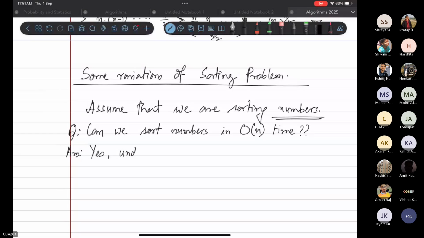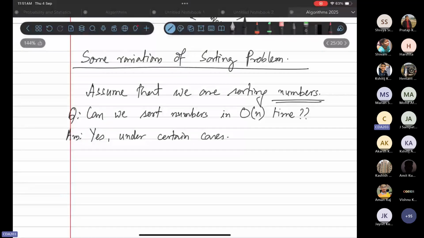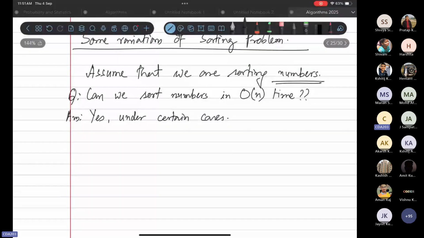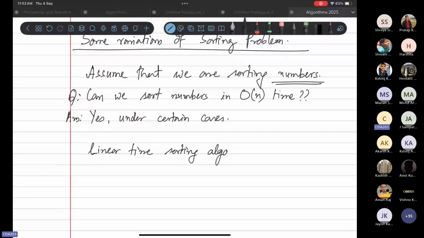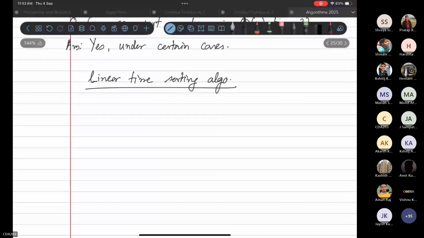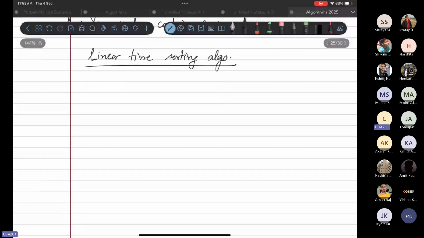Yes, under certain cases. So what we're going to study now, or maybe in the next class mainly, are linear time sorting algorithms. Okay, so one particular thing is kind of trivial.